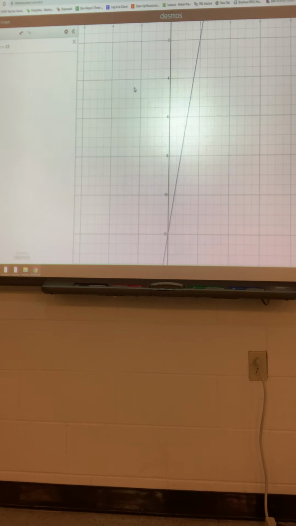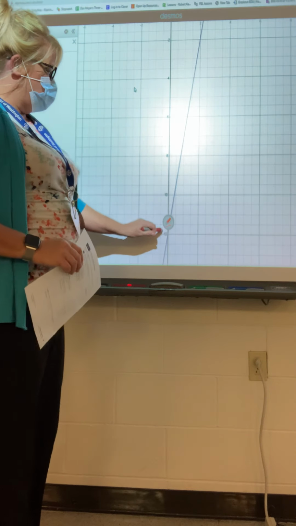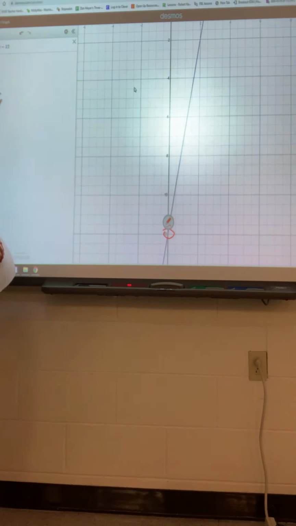Now it's asking, can you tell where the line crosses the x-axis and where it crosses the y-axis? Your x-axis is the left and right, the y is the up and down, like a yo-yo. It looks like it crosses the y-axis. So write this on your worksheet.